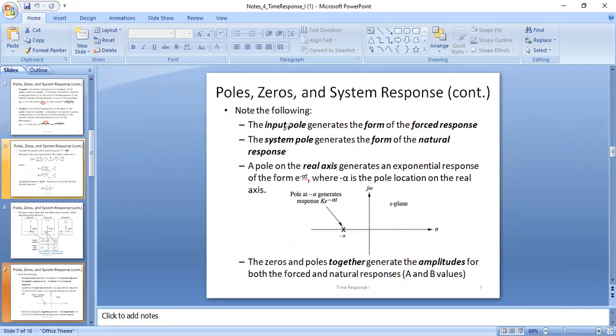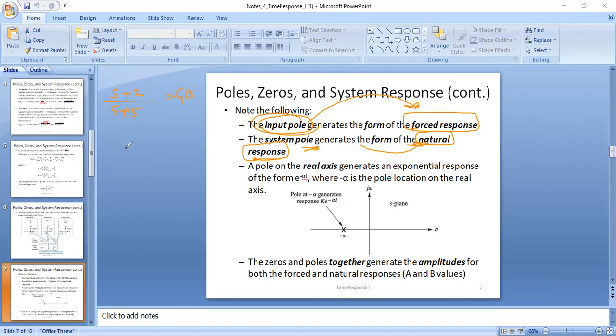Here, whenever you have your output, the system response, your response is made up of two things. First is forced response and second is natural response. How do you get forced response? By using input pole. Input pole generates the forced response and system poles generate the natural response. What does it mean? Suppose you had in the previous example S plus 2 and S plus 5.